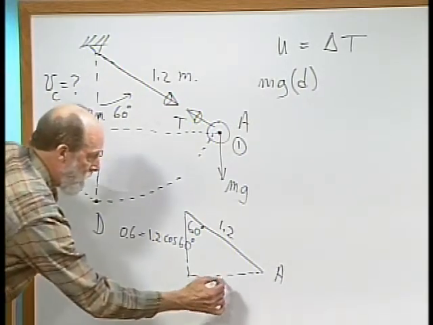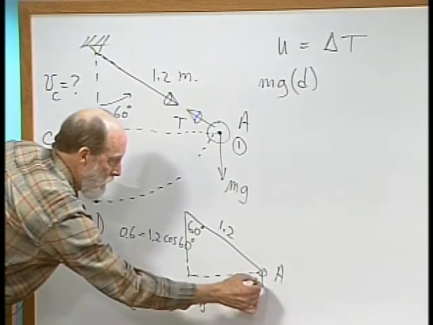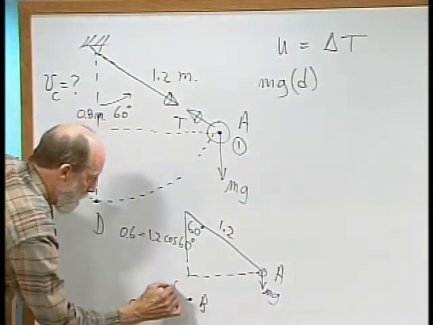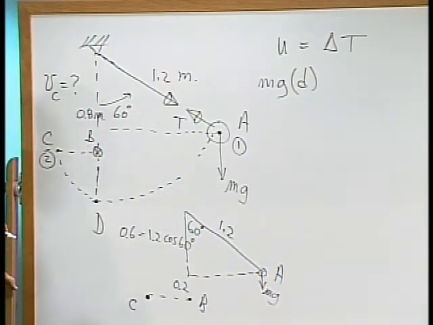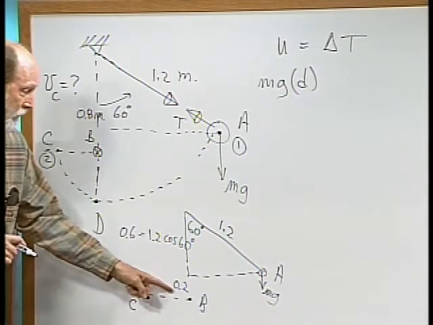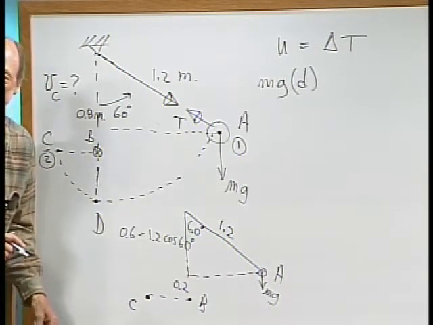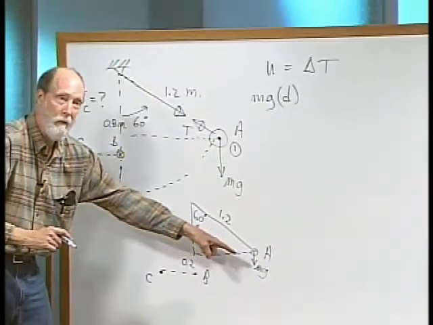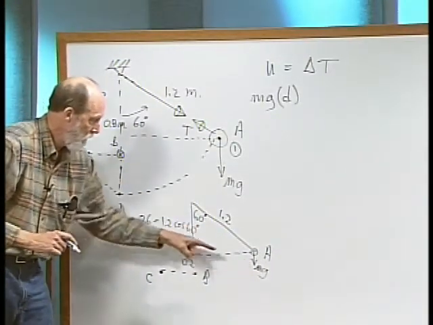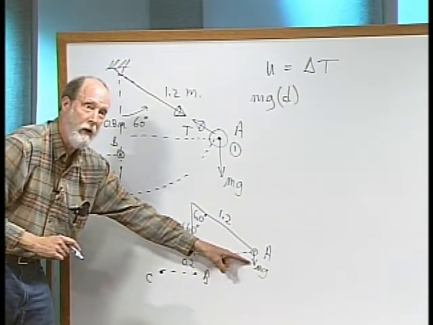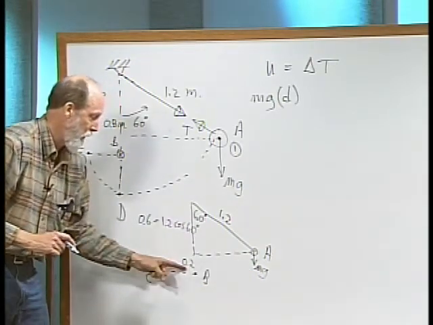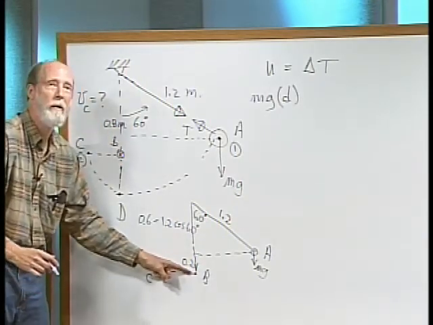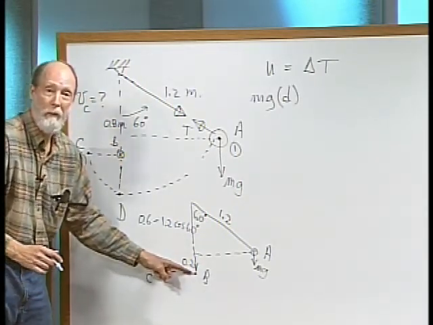So what's happened is that mass, mg, that weight, mg, has moved physically downward 0.2 meters in the same direction as mg. So the work done by mg in this motion is whatever mg is, value-wise, times 0.2. Motion downward. Is that all right with people?